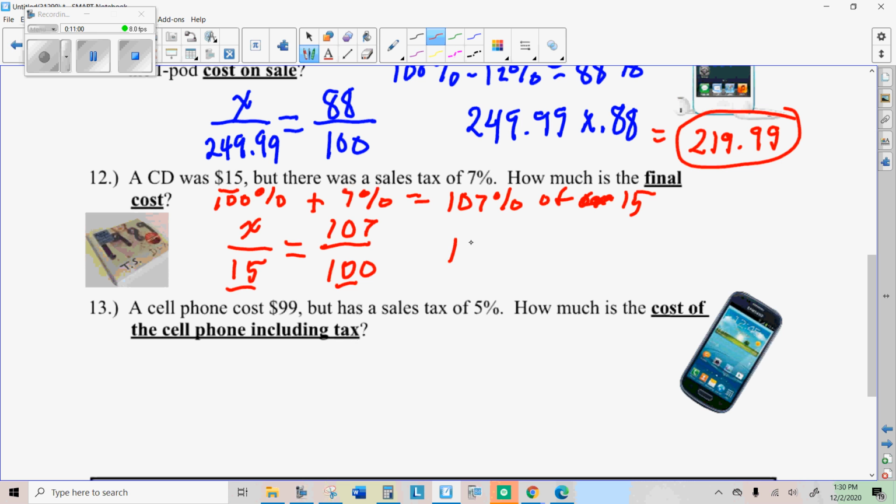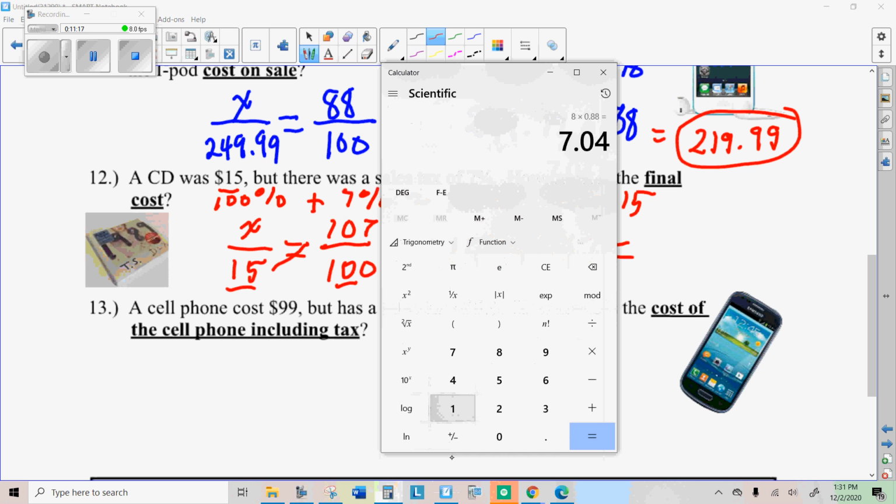Now, my shortcut is I know that the decimal for 107% is 1.07, and I know I need to multiply these two. So I would just do 15 times 1.07, which is $16.05.